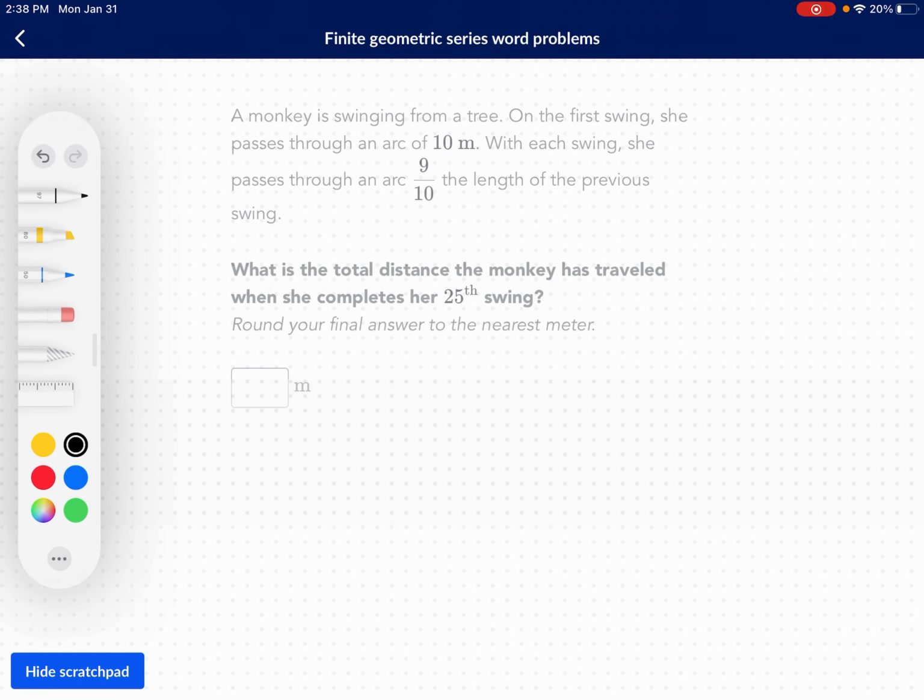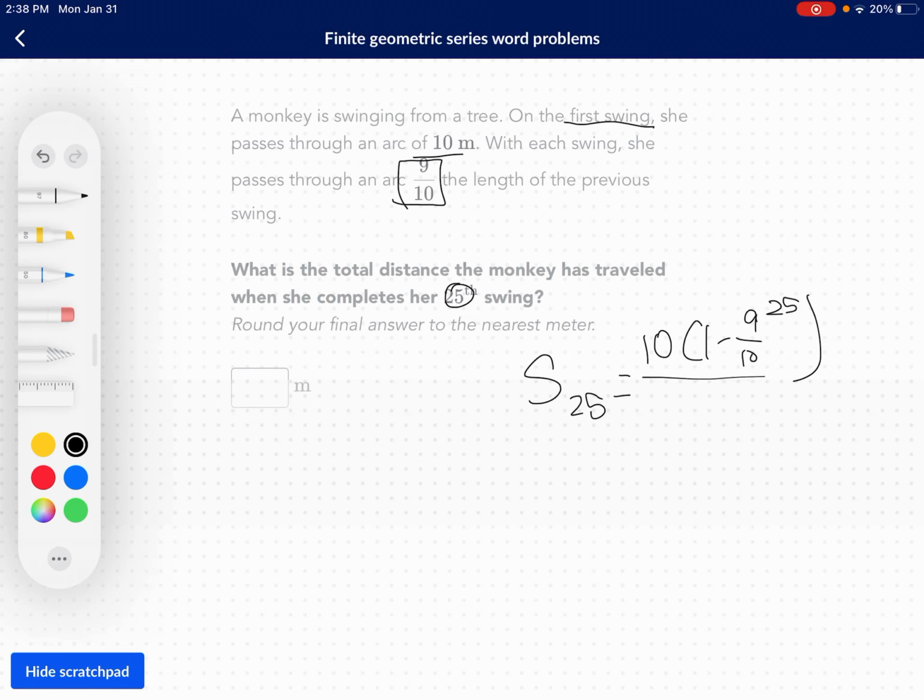Okay, so now we need to find the sum. Instead of finding the initial term, we're given an initial term. First swing is 10, and 1 minus the common ratio 9/10, and 25 swings, so you raise to the 25th power, over 1 minus the common ratio 9/10.